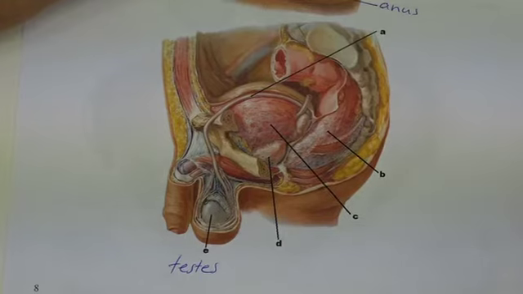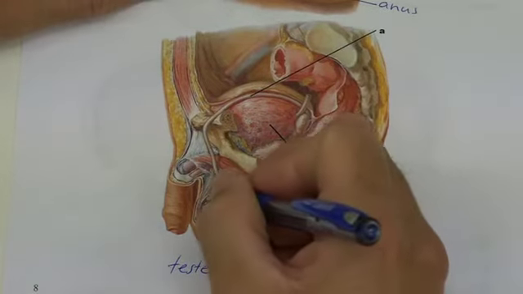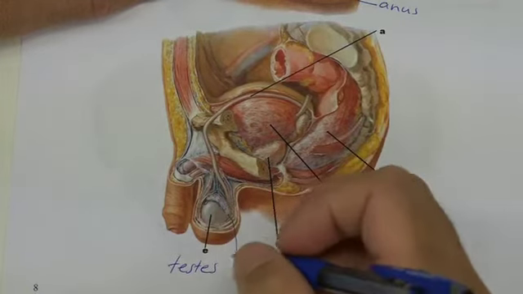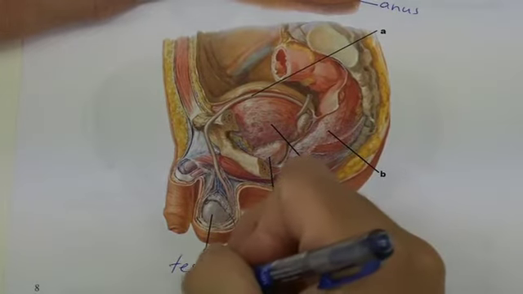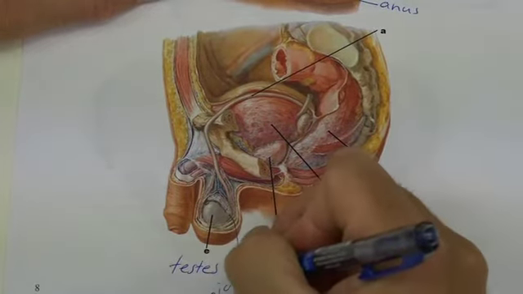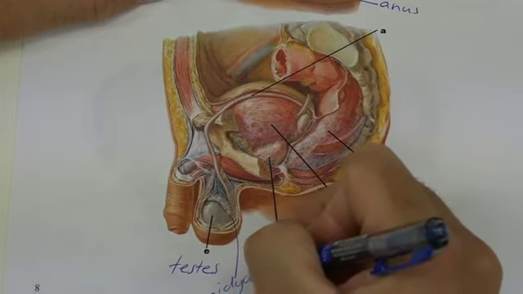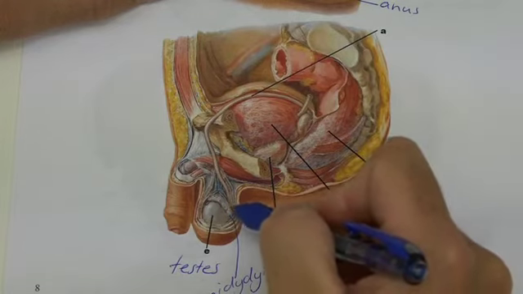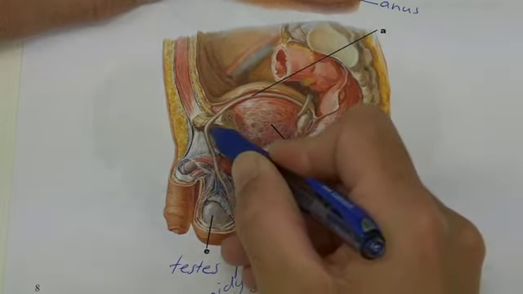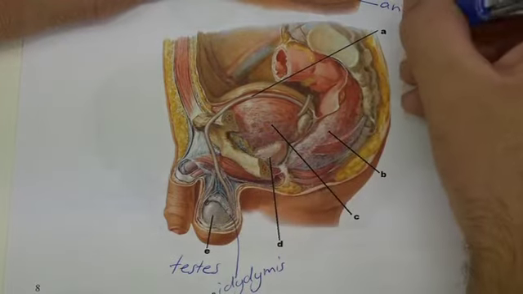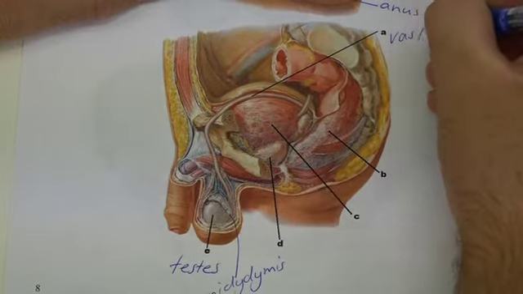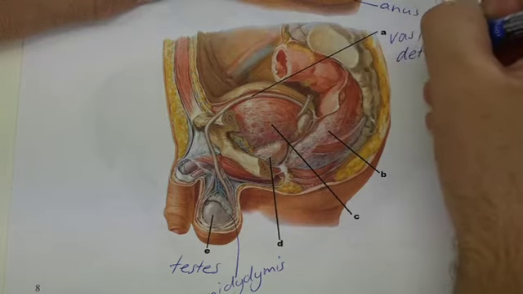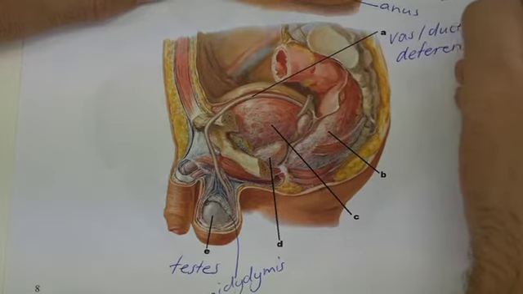This grey cap that you find on top of the testes, on its posterior and lateral aspect, we call the epididymis. From there, passing upwards as a tube, is where we find the vas or ductus deferens, which is an interchangeable term. So, vas deferens or ductus deferens.